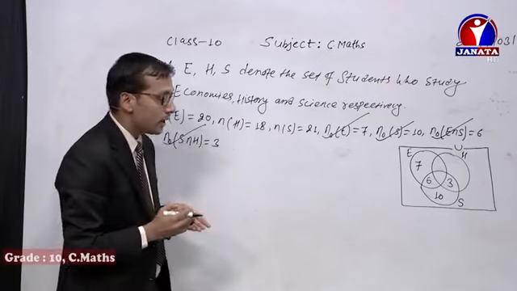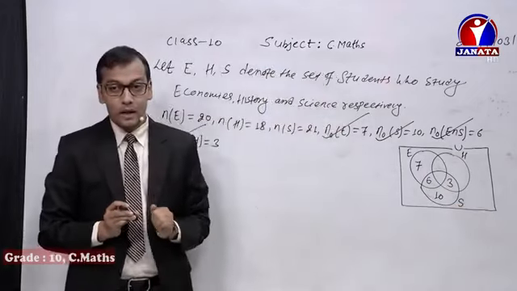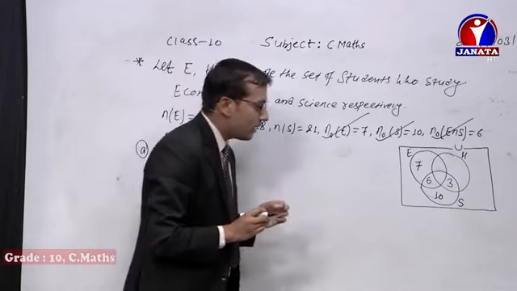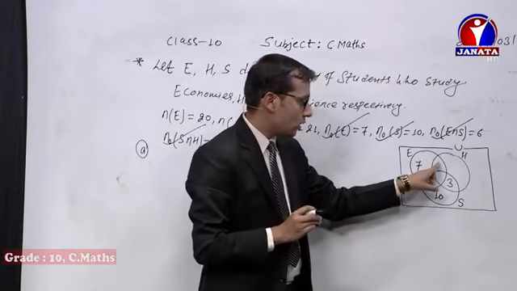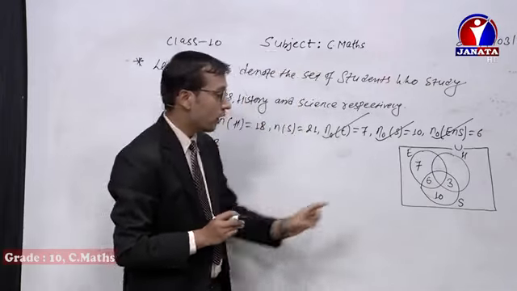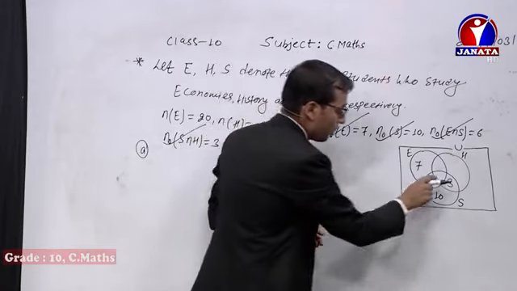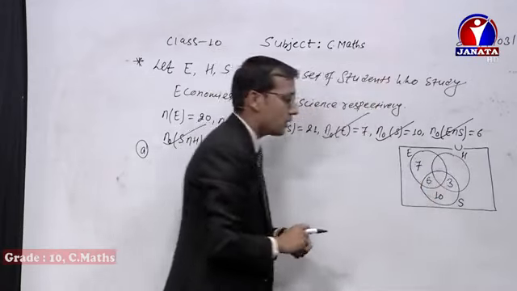So there is no complement at all, so there is no number in the complement part. So we can say out of 1, 2, 3, 4, 5, 6, 7 different regions in the union of E, H and S, 3 different regions are unknown.